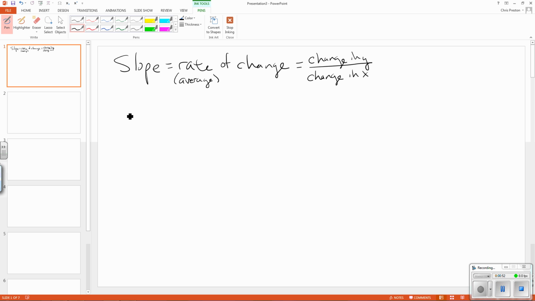The notation we usually use for slope is m, and the way you calculate it, if you're given 2 points, let's say point 1, x1 comma y1, and point 2, x2 comma y2, is the change in y, y2 minus y1, over the change in x, x2 minus x1.